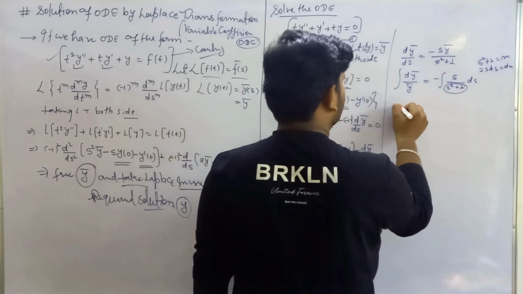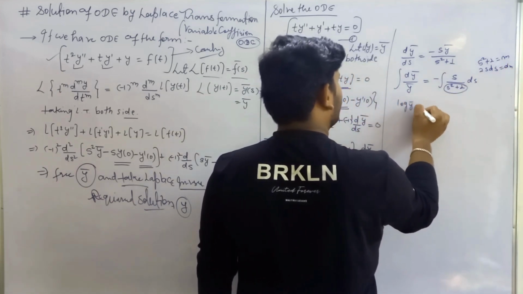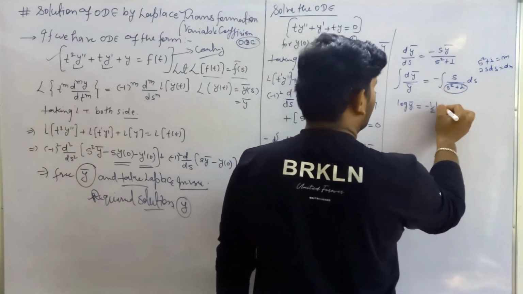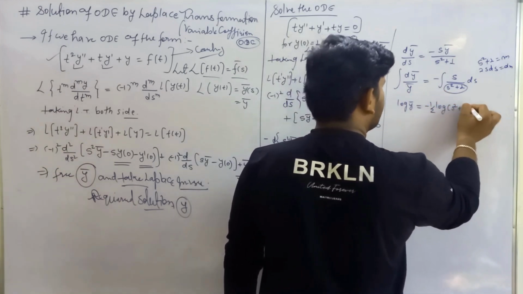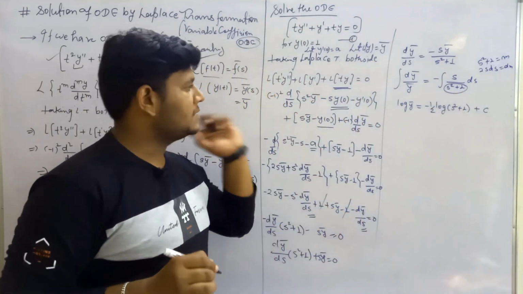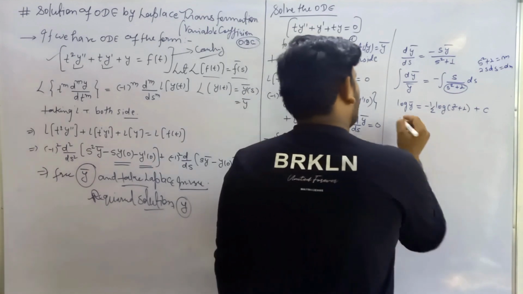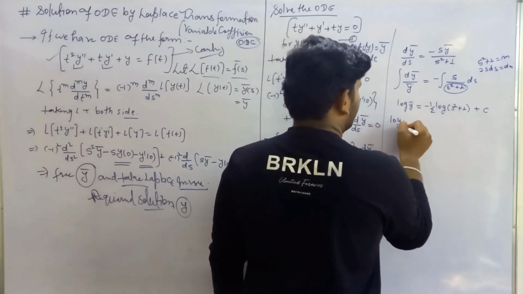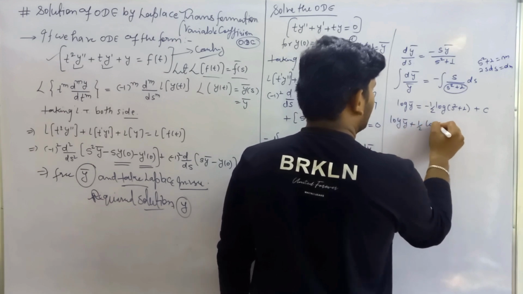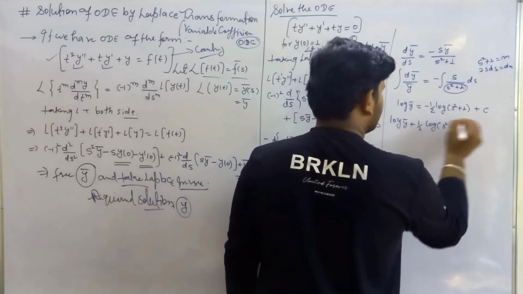Then it is nothing but log of y bar equals minus 1/2 log of s square plus 1 and another constant c. Okay, I'm writing another constant c: log of y bar plus 1/2 log of s square plus 1 is c.